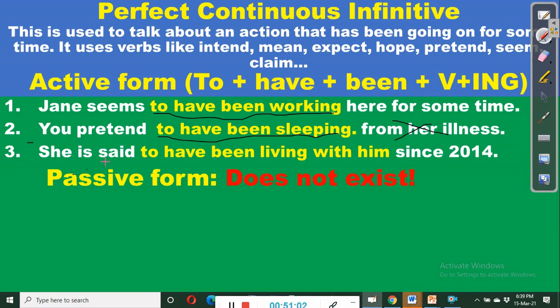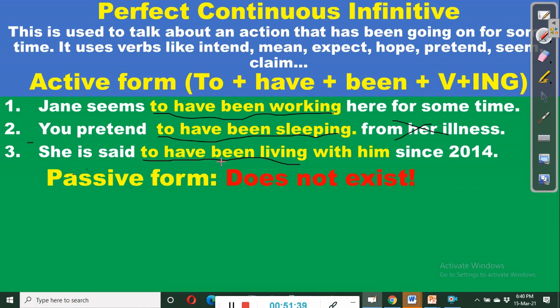Now, number 3, she is said to have been living with him since 2014. The perfect continuous infinitive here is to have been living. Of course, with him is not part of the infinitive, although it is part of its complement. To have been living is the actual perfect continuous infinitive.